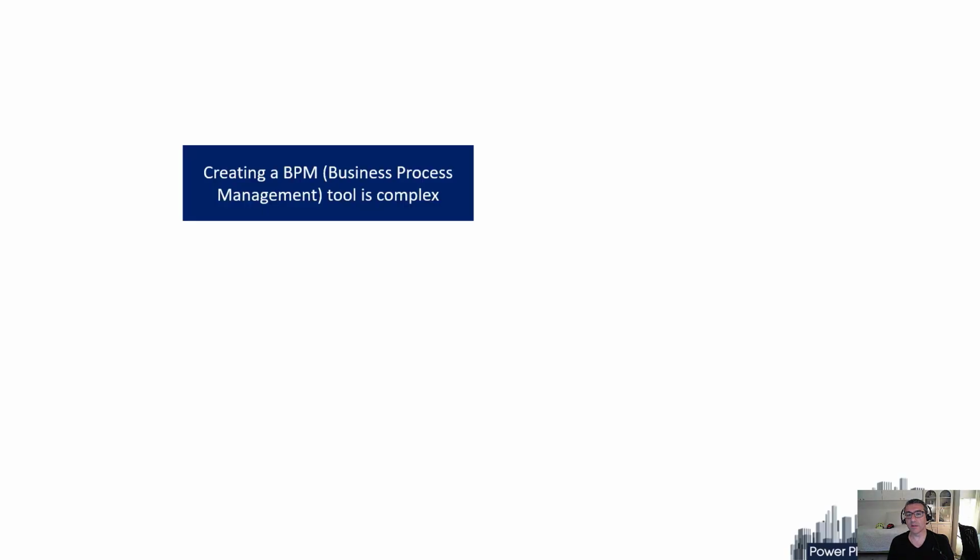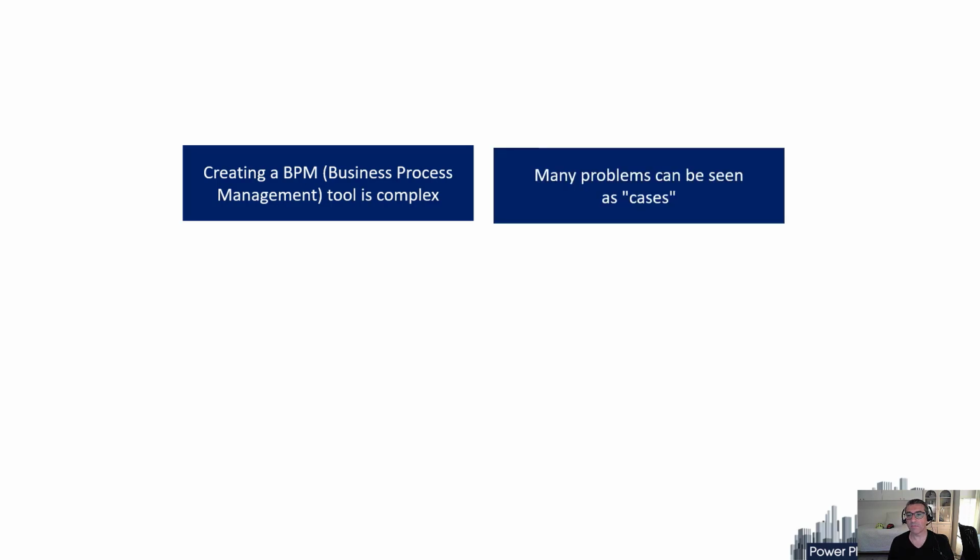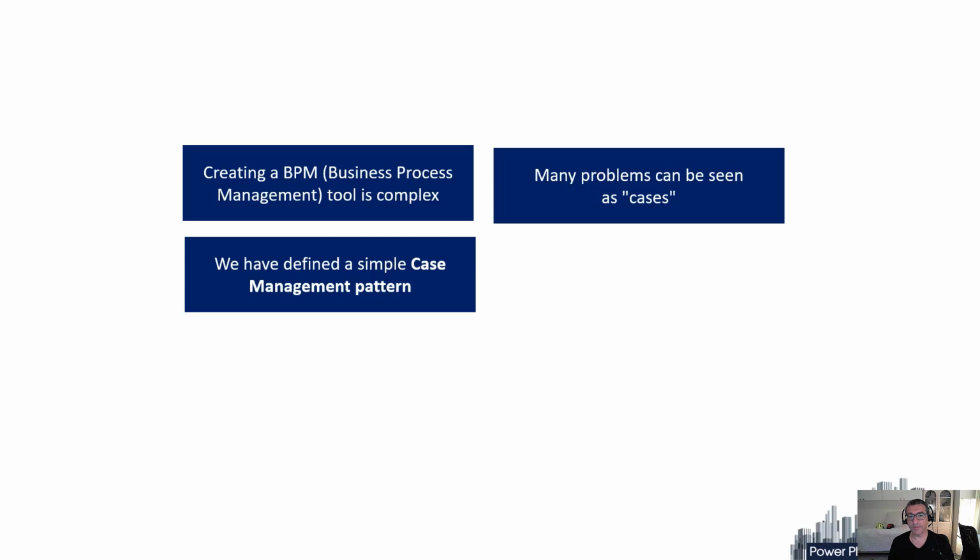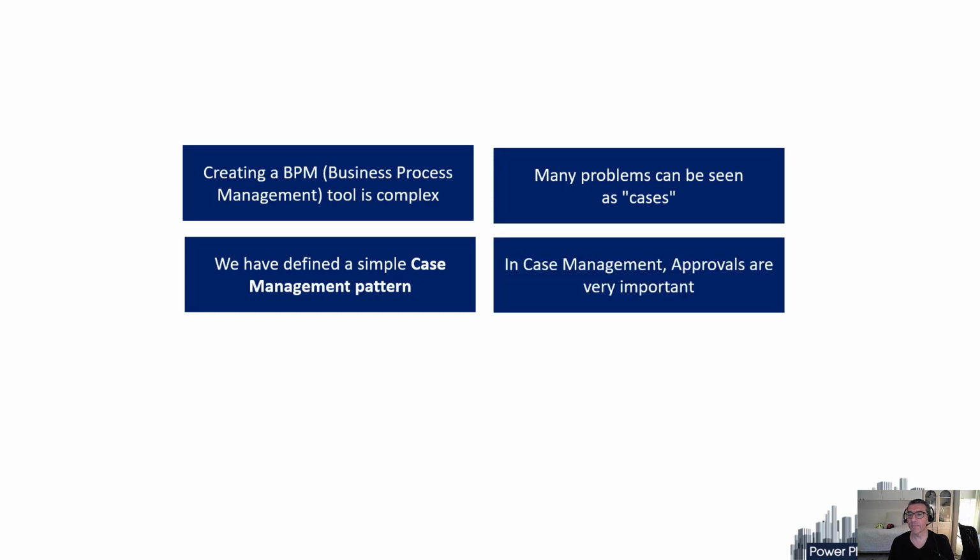Creating a BPM tool is very complex. BPM tools are very expensive, and actually many problems can be seen as a case. I've defined a very simple case management pattern, and I also have an implementation of it.